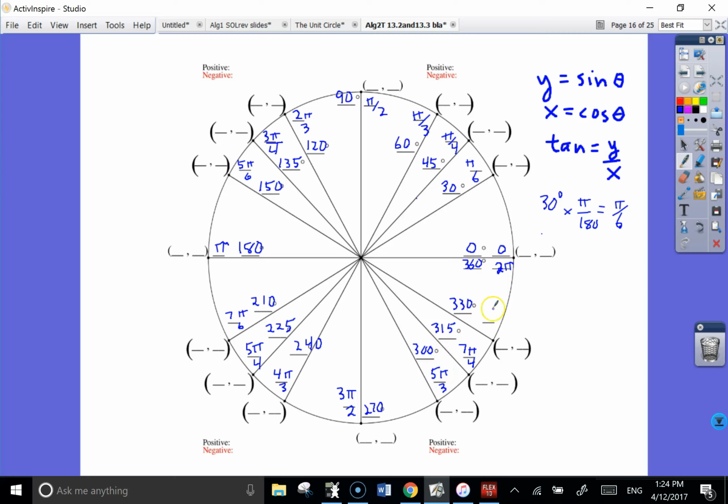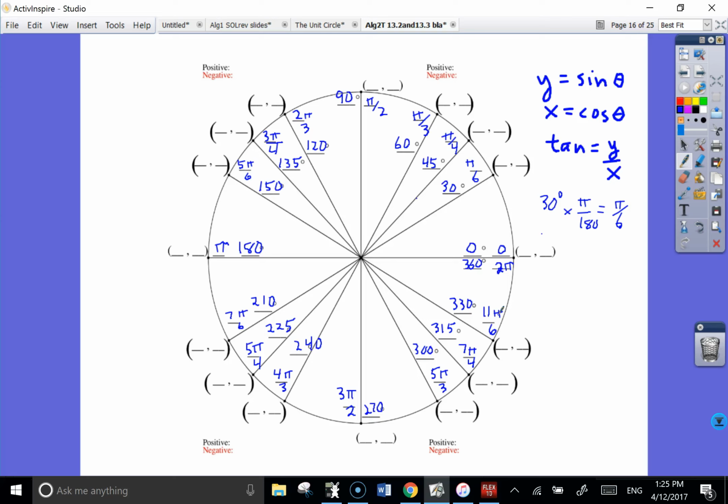And then 11 pi over 6 goes here. Okay, so now we did all the angles going all the way around, and that should be a fairly easy process to just get those laid in there.